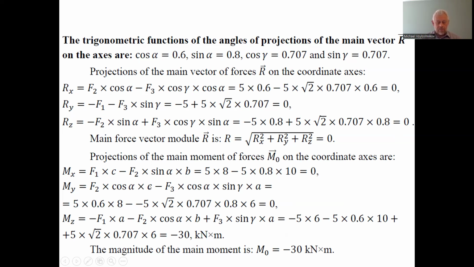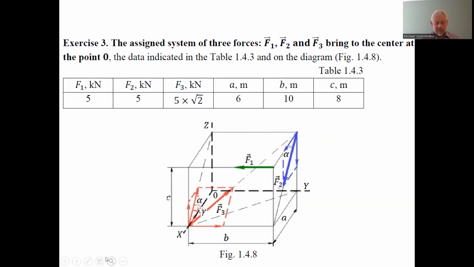After that, we have to find the projection of the main moment of force on the coordinate axes. Relative to axis x, the moment of force F3 is 0 because F3 crosses the axis x. It does not cause a moment. For the force F2, the moment is caused by the vertical component of force F2, the magnitude of the force F2 multiplied by sine alpha.